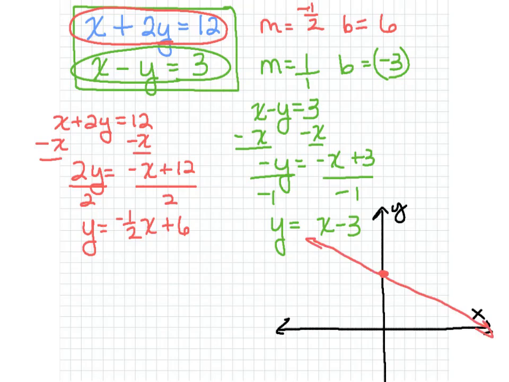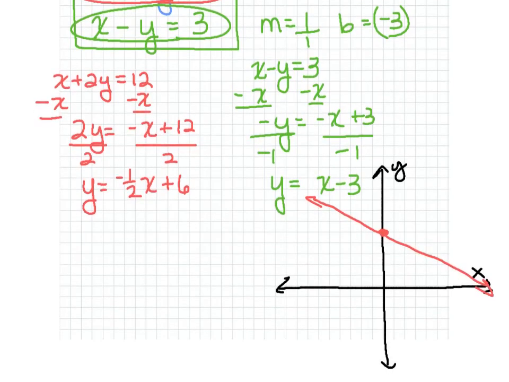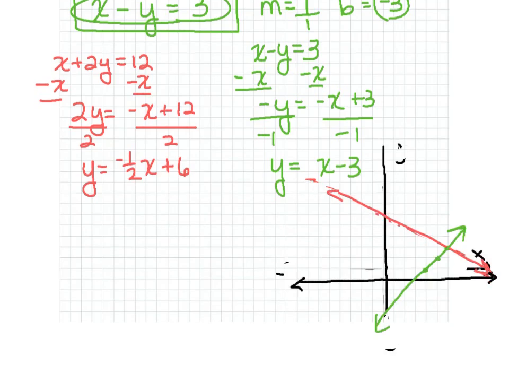Looking at the second one, I have to start at negative 3, and my slope is going to be positive 1. So I'm going to rise and run until I see exactly where the points meet. Okay. I just realized that I had it on pause while I graphed this.